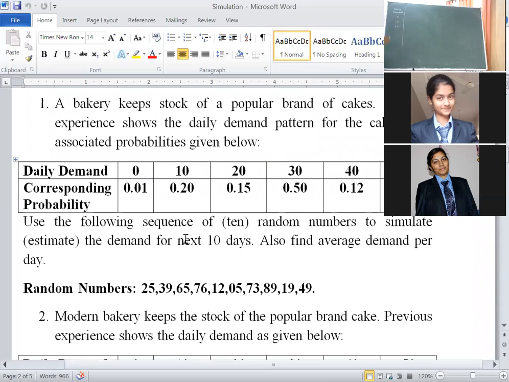What are the values given? Take them. Then after that, what is given? Probability is given. Then write down the probability. Simultaneously make a note, everybody.